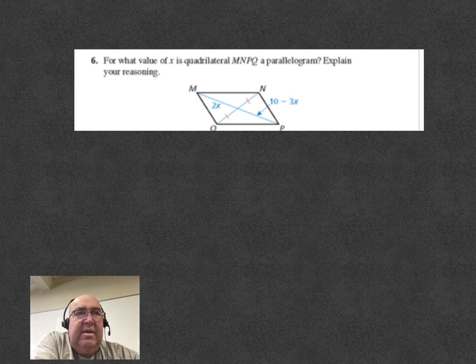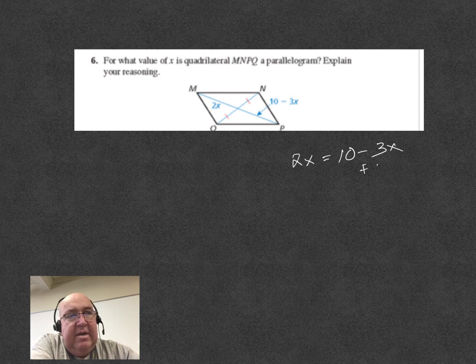So now, for what value of x is the quadrilateral PQ a parallelogram? Again, as long as we have the diagonals bisected equally on both sides, that proves that it's a parallelogram. So we get 2x is equal to 10 minus 3x.